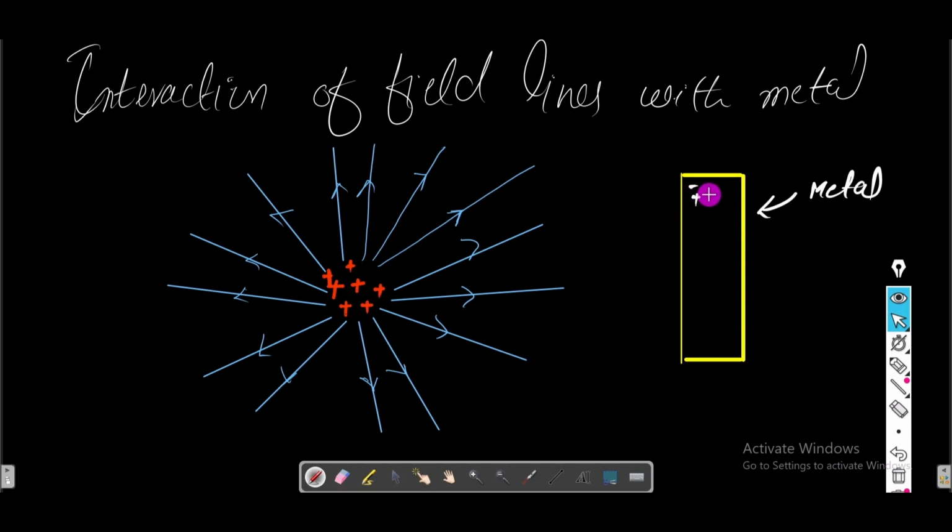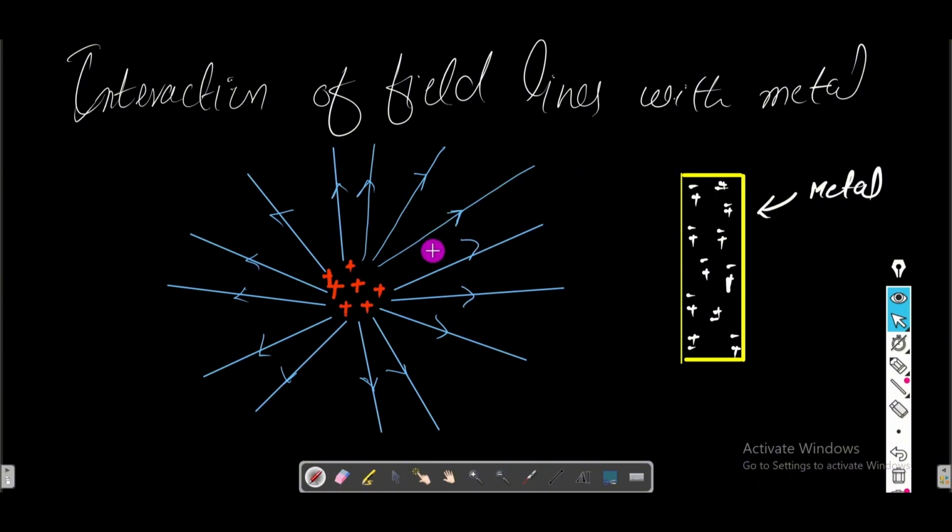Here in the metal there is a sea of negative charges and positive charges. There are a large number of positive and negative charges.